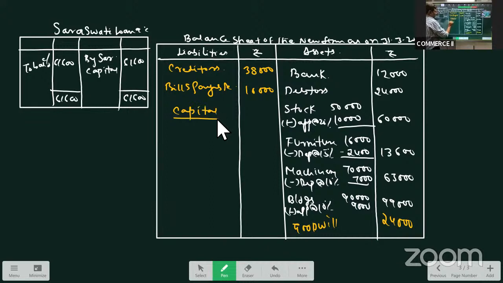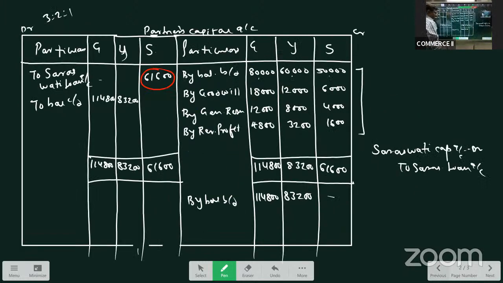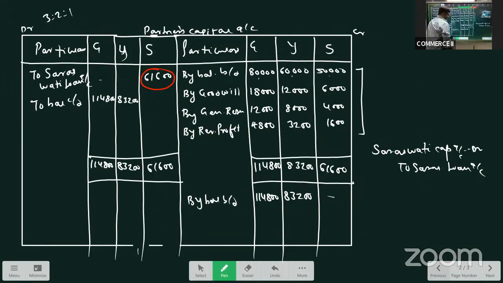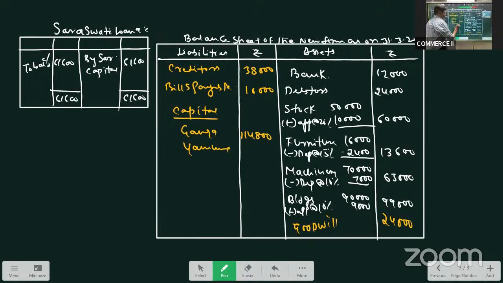We'll take the capital of Ganga and Yamuna. What are the capitals? We have prepared the capital accounts now. We got 1,14,800. And I think it is 83,200.